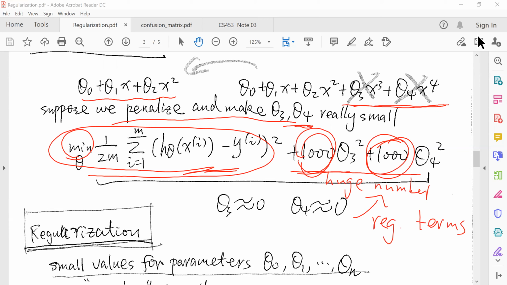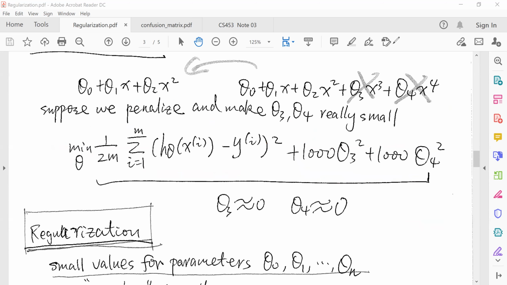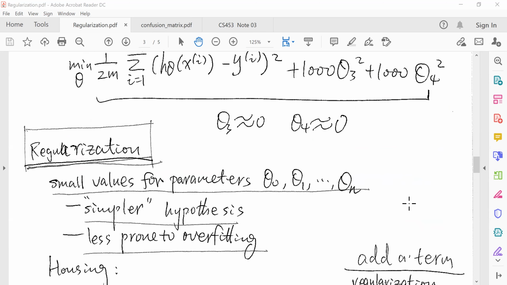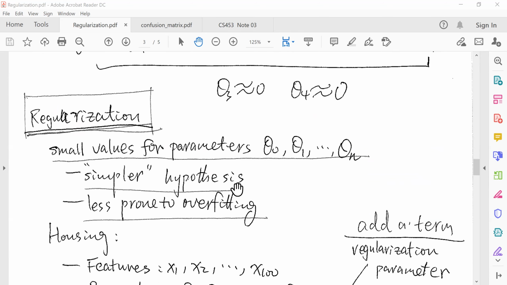So this can play a role in improving the performance hurt by overfitting.